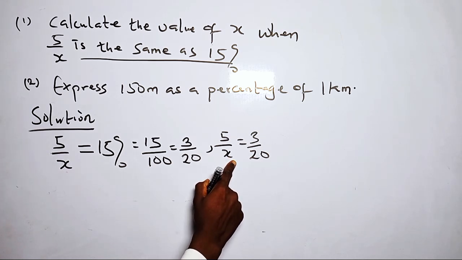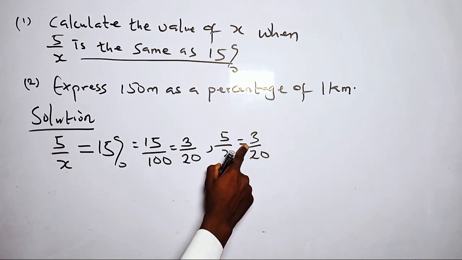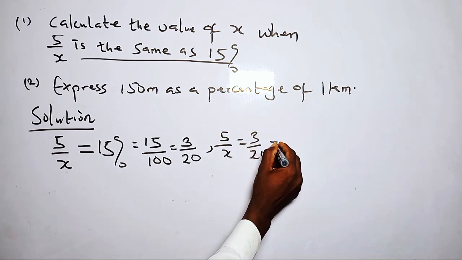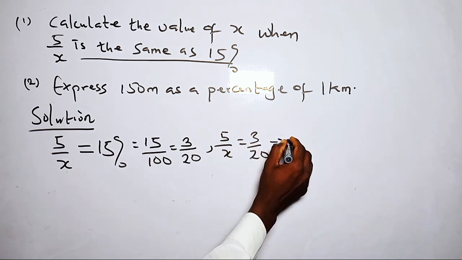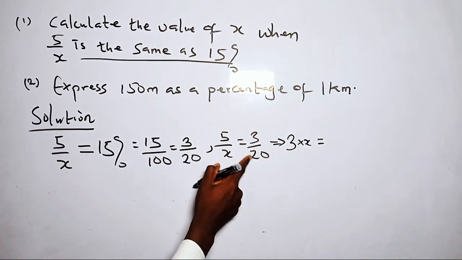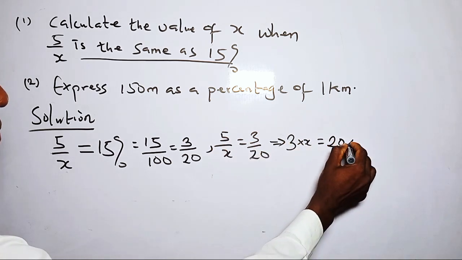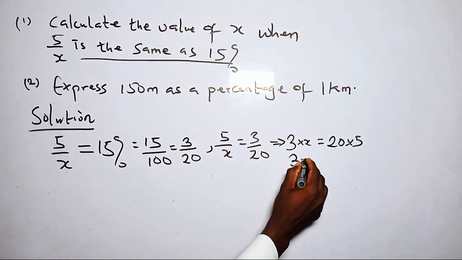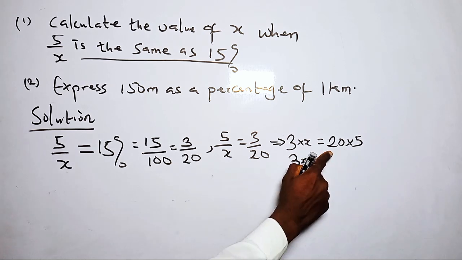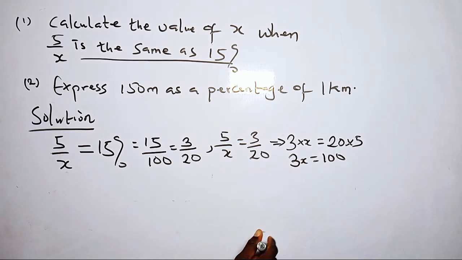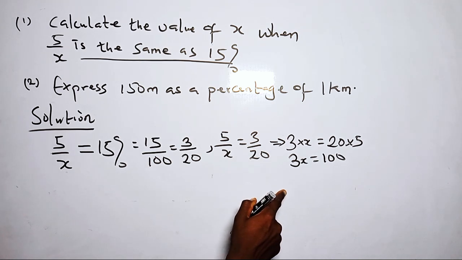To do that, we have to do our cross multiplication. That means we have 3 times x equals 20 times 5. So 3 times x is 3x, and 20 times 5 is 100.